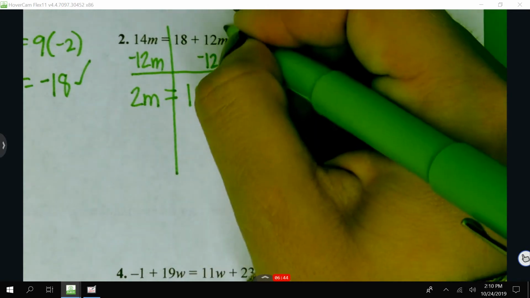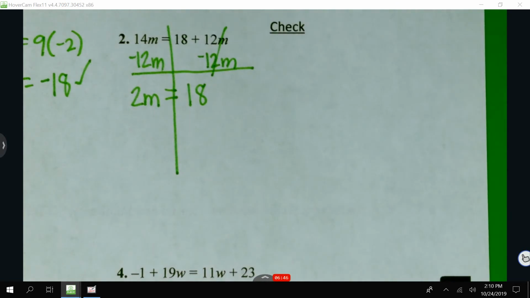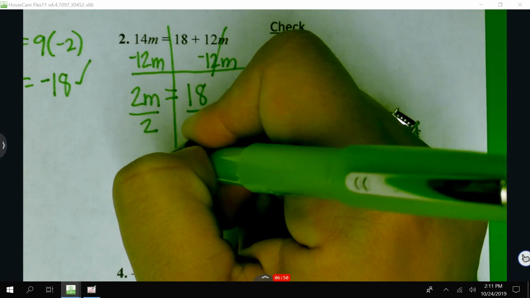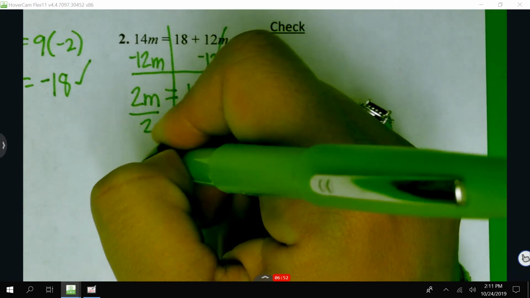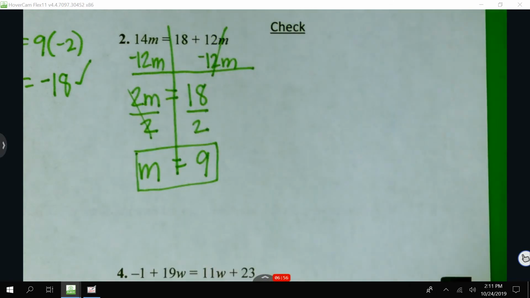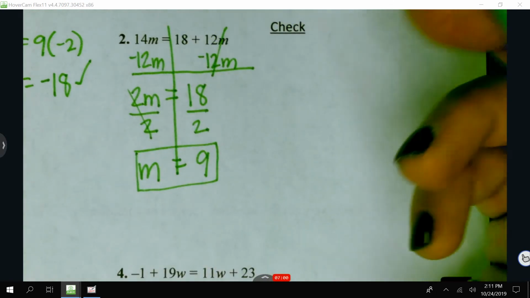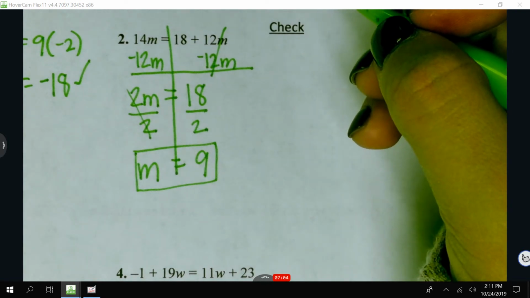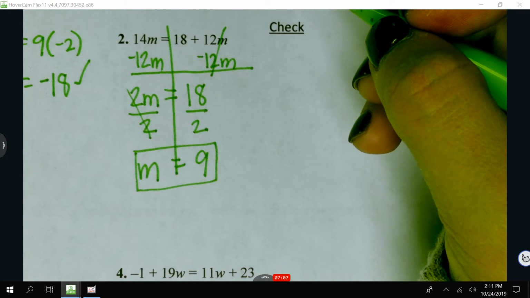Equals 18 because those 12m's cancel. And then you divide by 2 equals 9. Good. M equals 9. Guys, stop. M equals 9. Thank you.